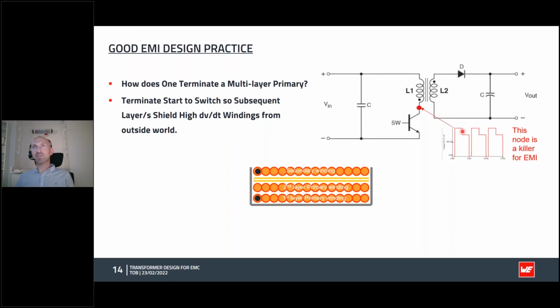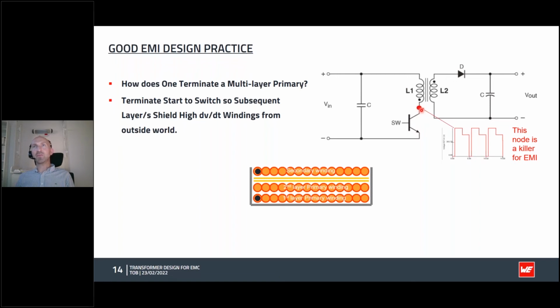So we can see we have this high voltage switching here, so very high DVDTs. Also, we have all the current passing through this loop here from the input capacitor. So this whole loop is a little bit noisy, but this node really is the killer for the EMC.